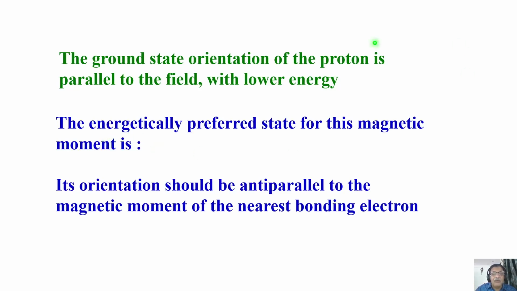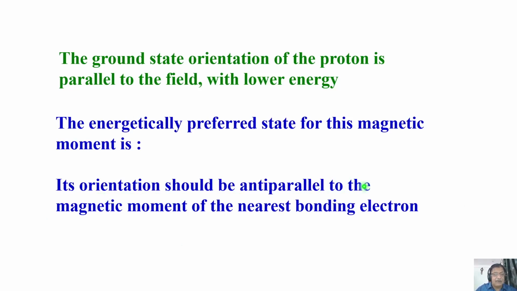Now, what is the energetically preferred state for this magnetic moment? I'm considering a nuclear spin, proton, coupled to carbon with a sigma bond where there are two electrons. The energetically preferred state for this magnetic moment is the orientation anti-parallel to the magnetic moment of the nearest bonding electron.